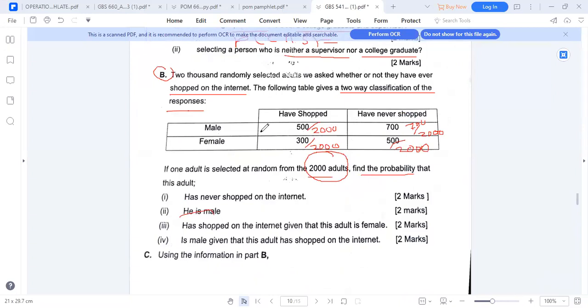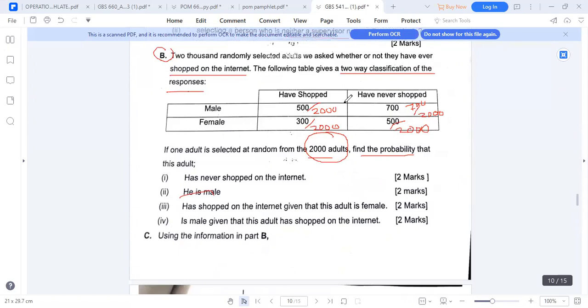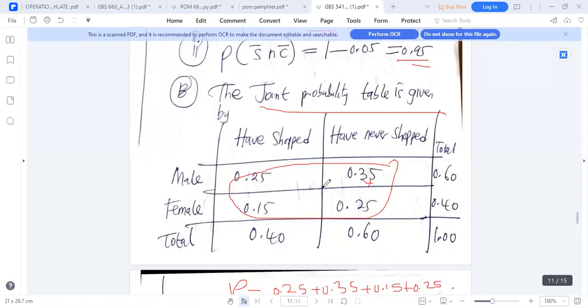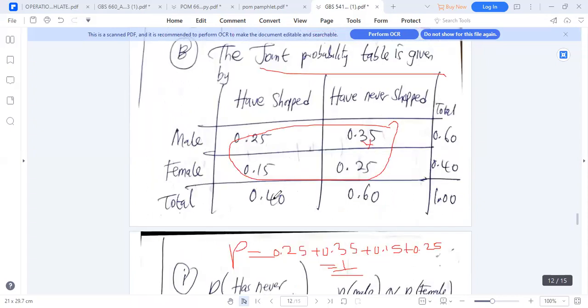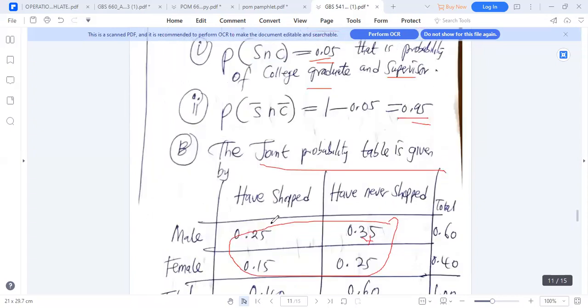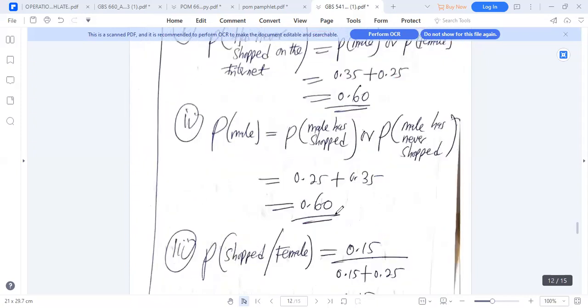So it is either he has shopped or he hasn't shopped, but he's male, which gives us the same 0.6.